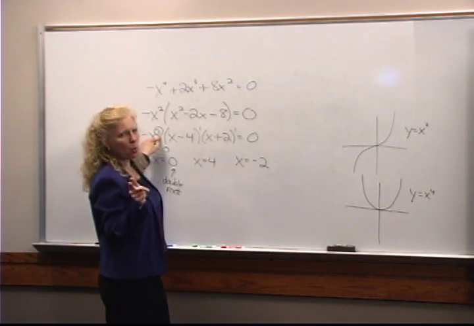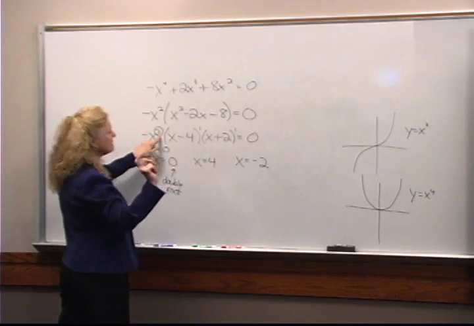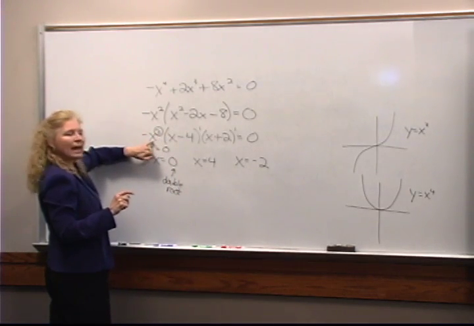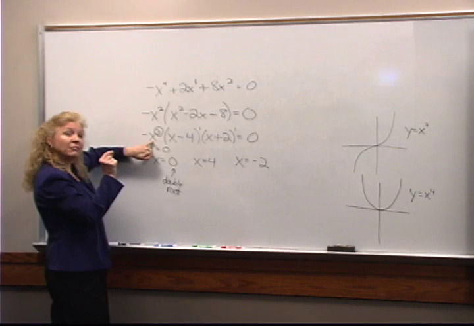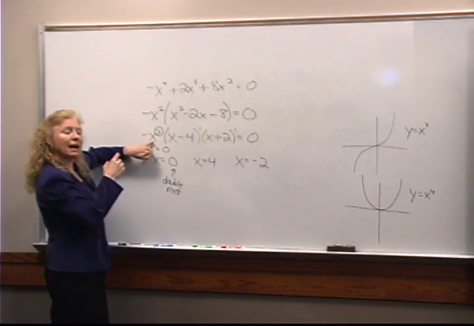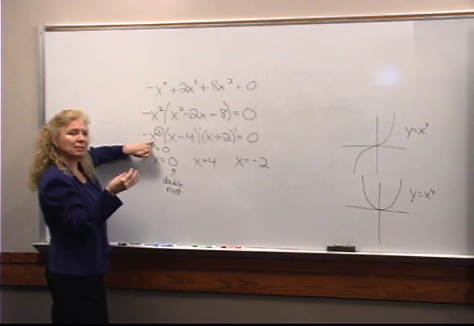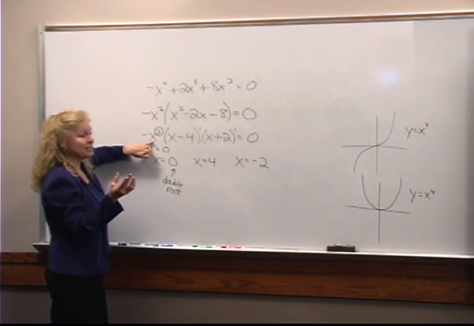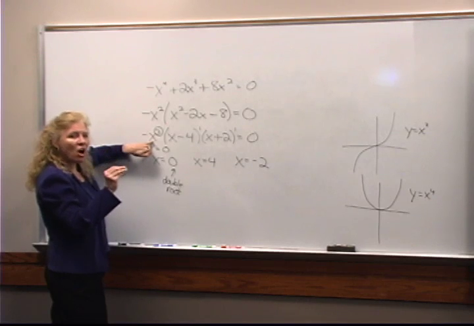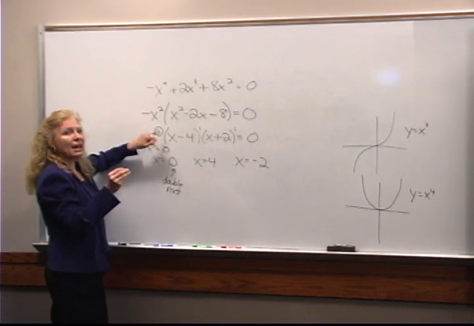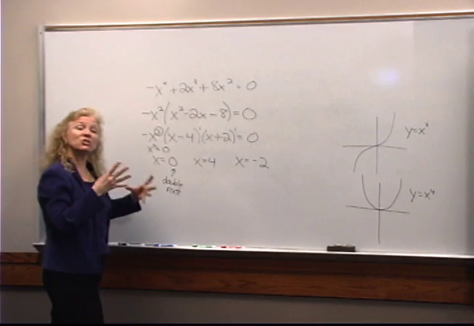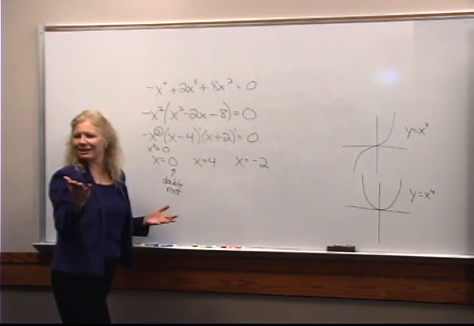Well, the reason why it does bounce there is if I am a little bit to the left of 0 and I plug it in, I get a positive value. If I'm a little bit to the right of 0, I plug it in, square it, I get a positive value. It's because of the squaring that it doesn't allow it to change signs. Well, isn't that interesting?